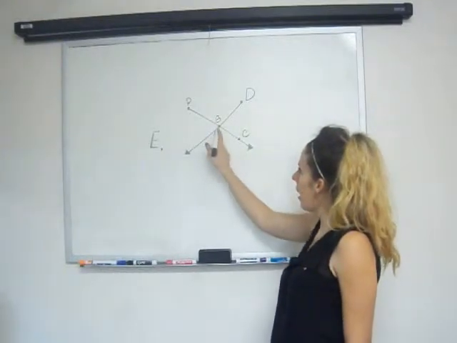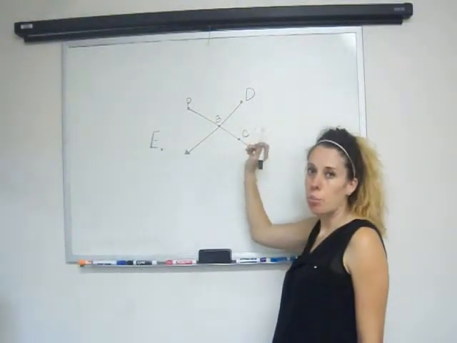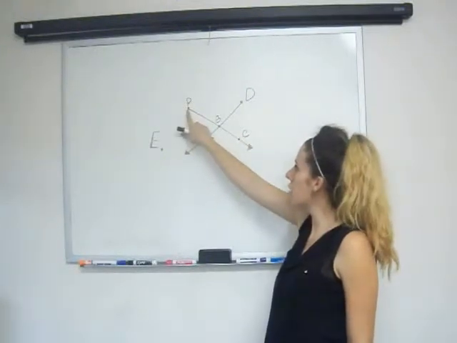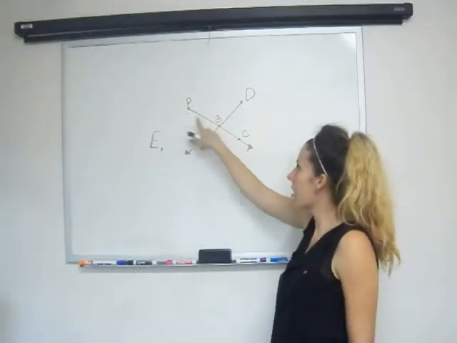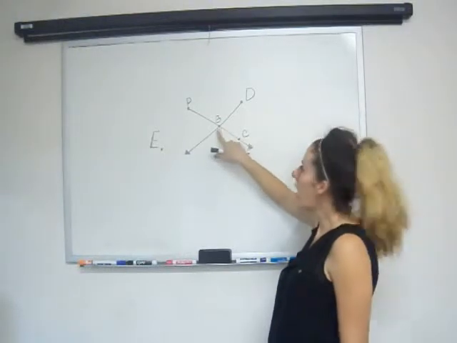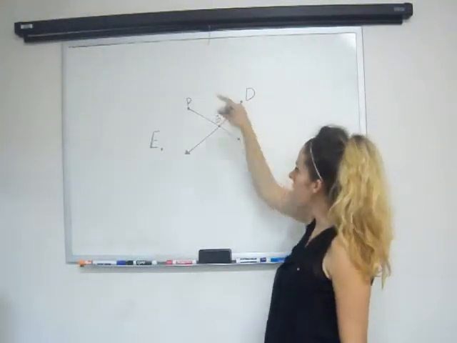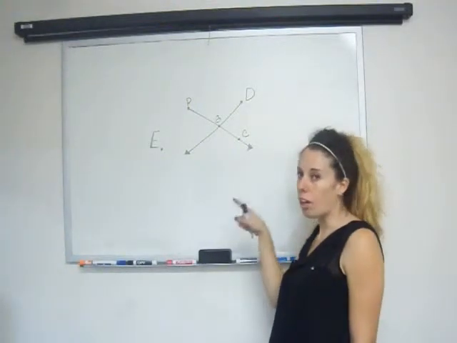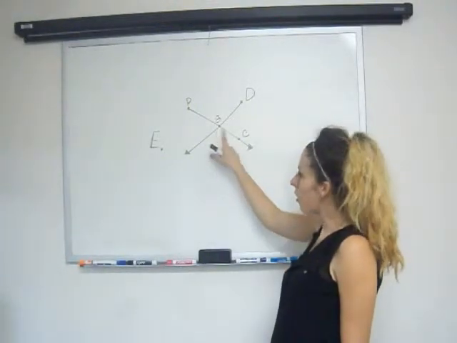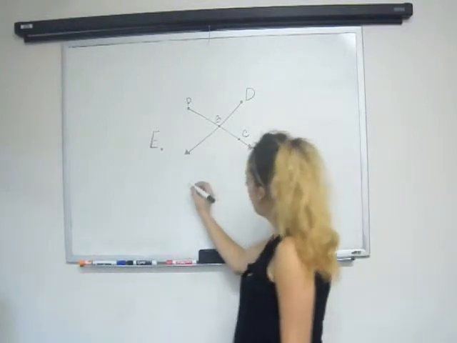So PB and DB are segments because they have an end point and an end point, and they are on a line. So this is a line segment and a line segment. So the only other line segment that I see here is line segment CB.